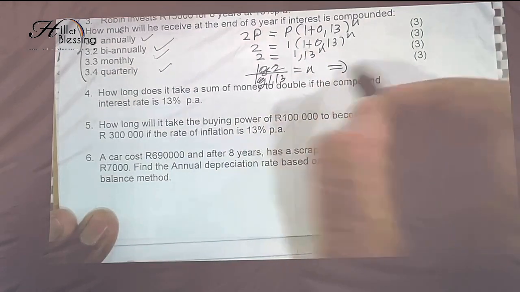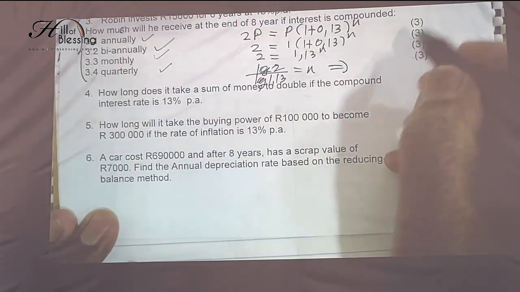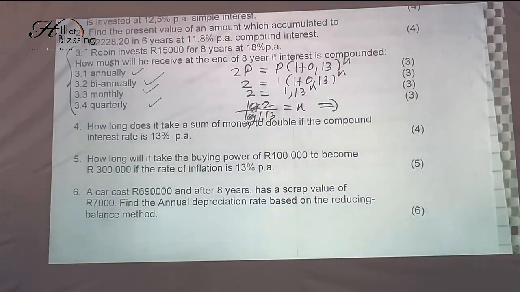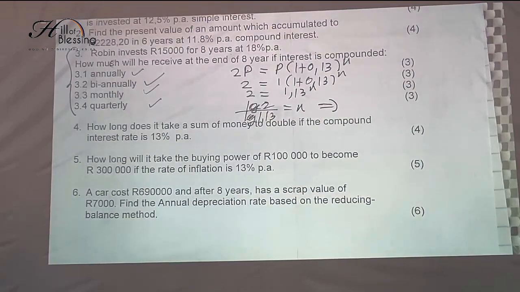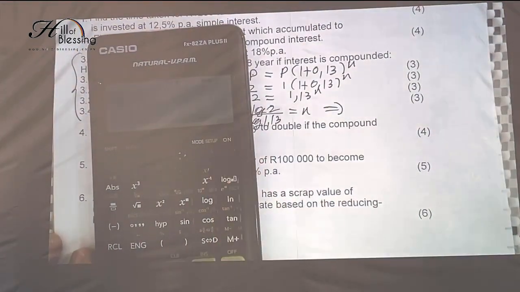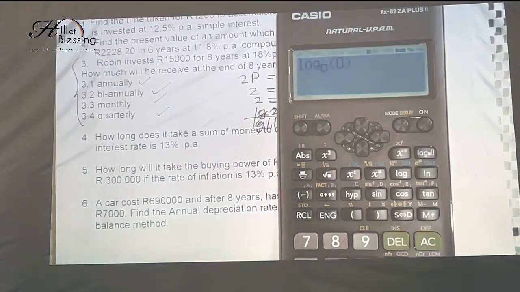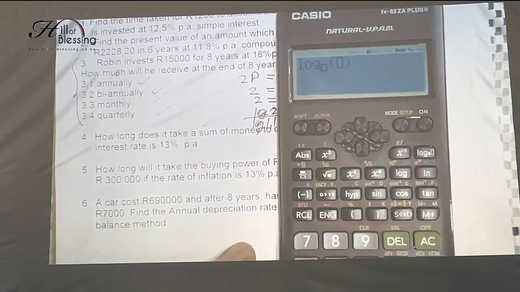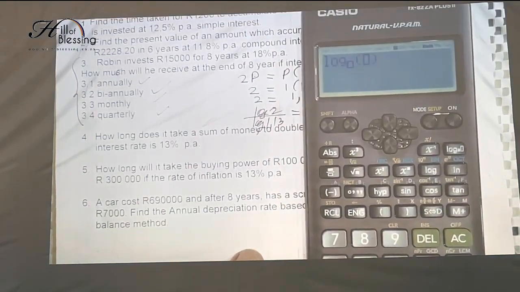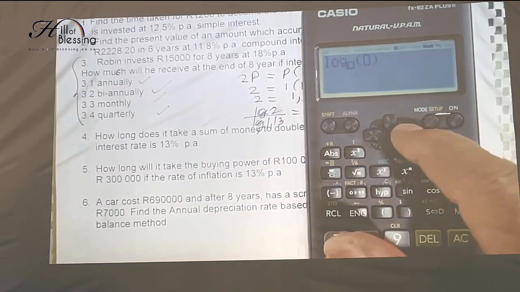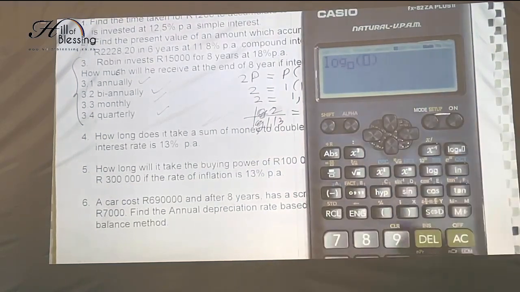Anybody got an answer? Anybody got an answer for me? So you know how to use your log, right? Some of you know how to do that. So first of all you're going to use that log facility, right? And now I'm using this calculator, I'm used to the 911.